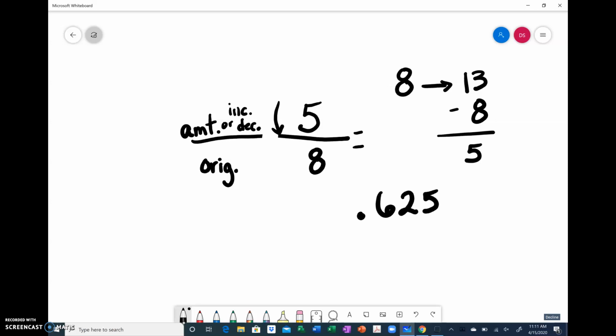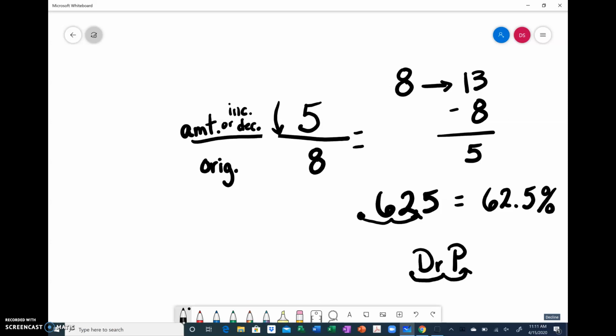Now that's a decimal answer. You need to change it to a percent. Remember, in a previous lesson we talked about the Dr. Pepper method. I'm in decimal mode here. So I'm going to move my decimal point 2 spaces to the right. And my final answer is the percent of increase is 62.5%.